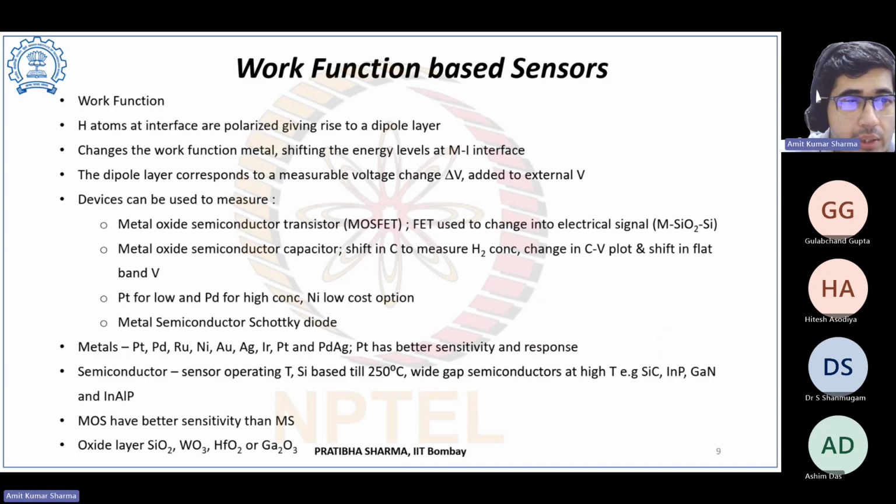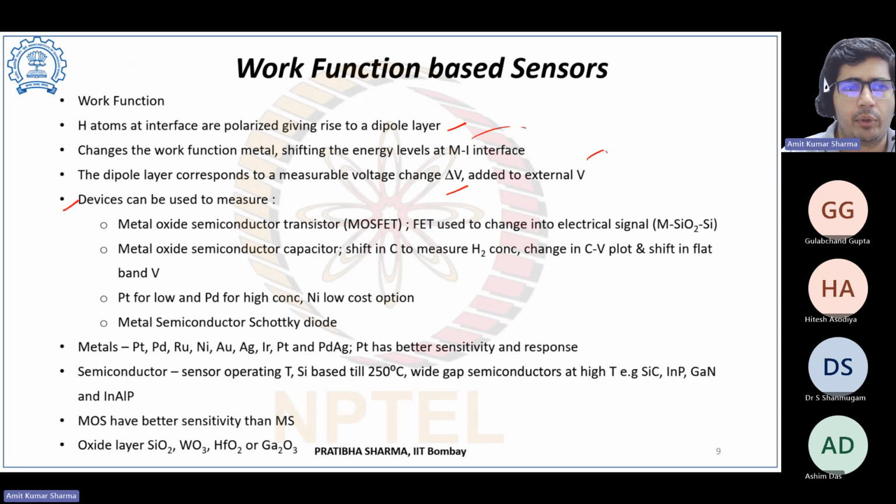Now the work function based sensor. In this, hydrogen atoms at the interface are polarized, giving rise to a dipole layer. It changes the work function of the metal, shifting the energy levels at the metal insulator interface. The dipole layer corresponds to a measurable voltage change delta V added to the external voltage.